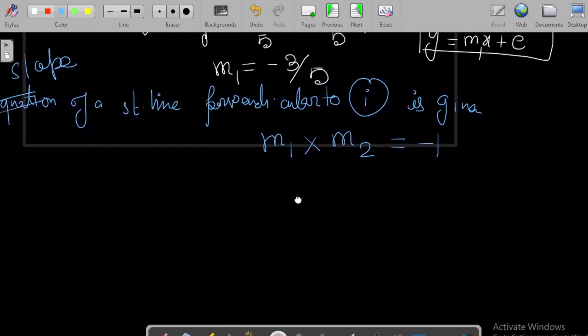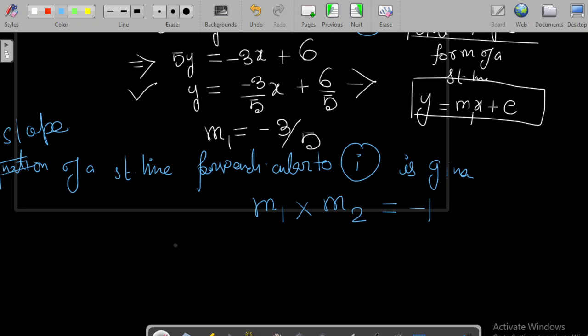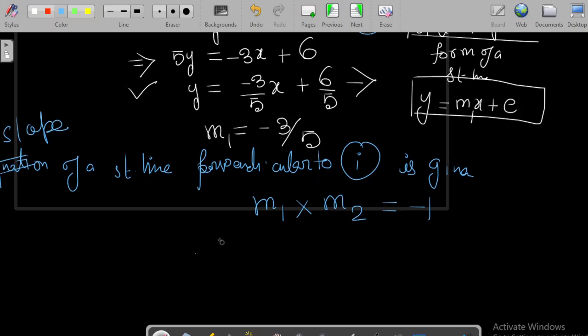Here m1 is minus 3 upon 5, so minus 3 upon 5 into m2 gives minus 1. So m2 becomes minus 1 into 5 divided by minus 3.